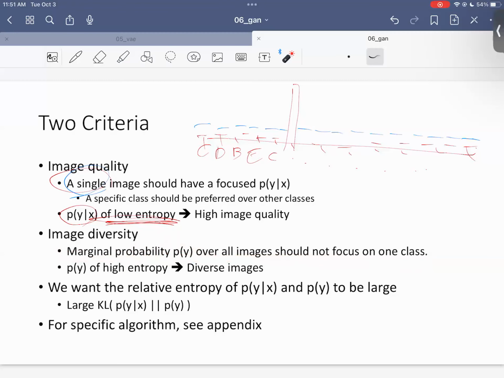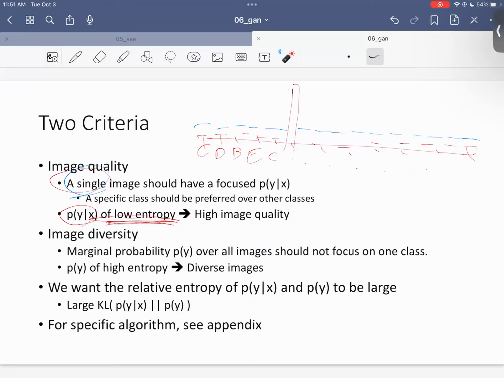That's the objective we want to achieve when training a GAN. So we calculate the relative entropy between the two, and KL divergence is the relative entropy between the two. Obviously you want it to be as high as possible, because we want the two to be as far apart as possible. We want this to be low, and this to be high, so we want the KL to be high.